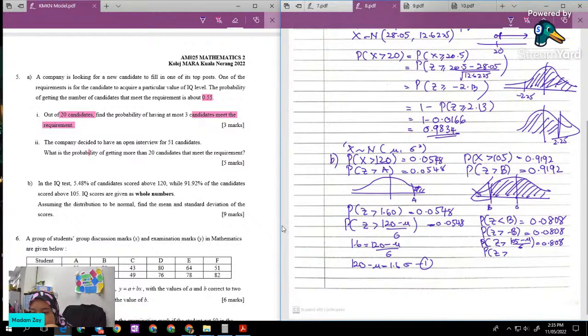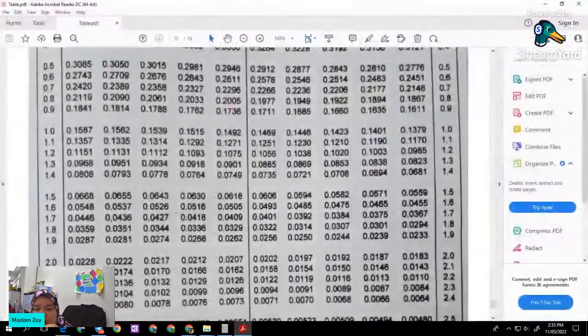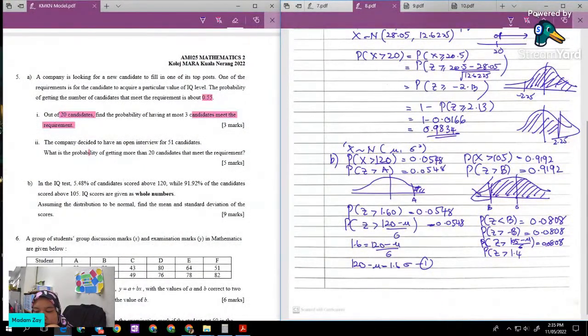Nilai Z tu. 0.0808, apa? 1.40. Okay, so 1.40 is equal to 0.0808. So, kita comparekan kedua-dua nilai ni. Dia kena ada negatif lah kat situ. So, negative of 105 minus mu, sebab negatif B kan, over sigma is equal to 1.4. So, 105 minus mu is equal to negative 1.4 sigma. This is the second equation.